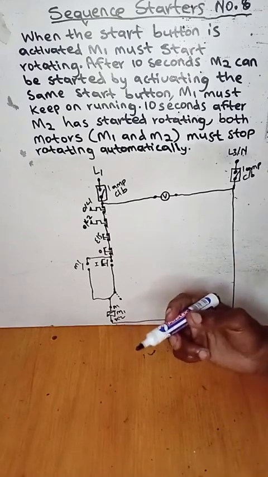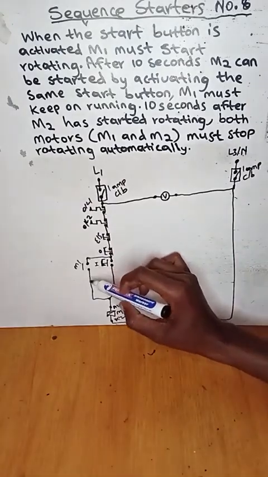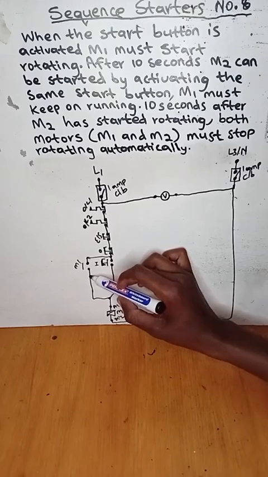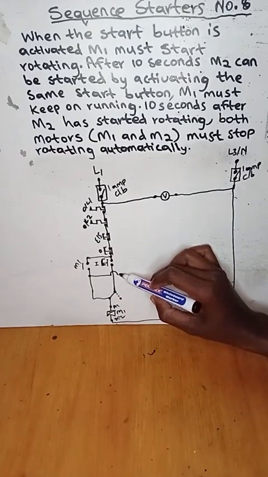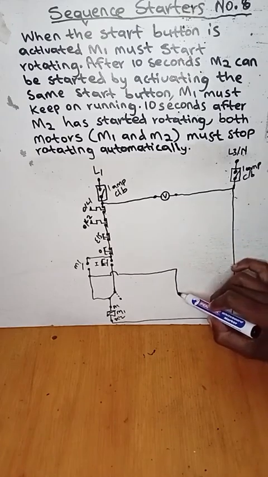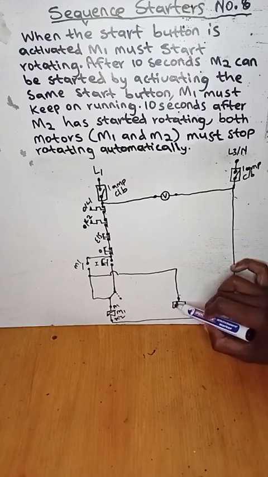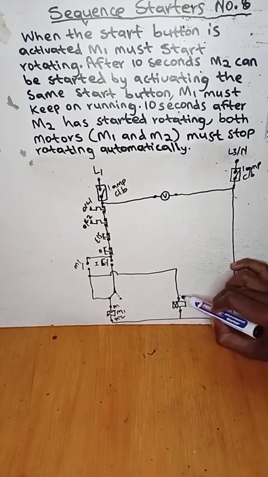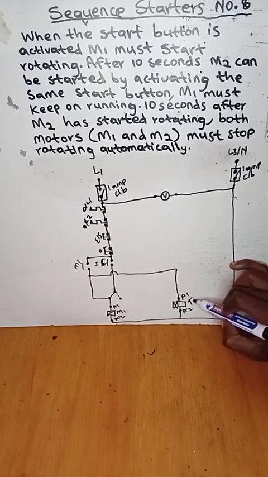So the delay on timer will get the live current after the retainer of motor 1. So this is after the retainer of motor 1 with a live current, in which it will supply the delay on timer, A1, A2.